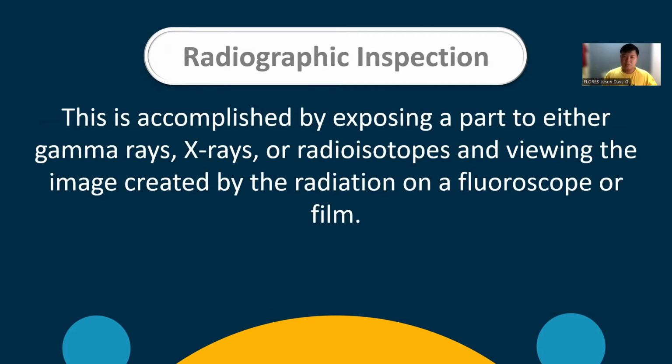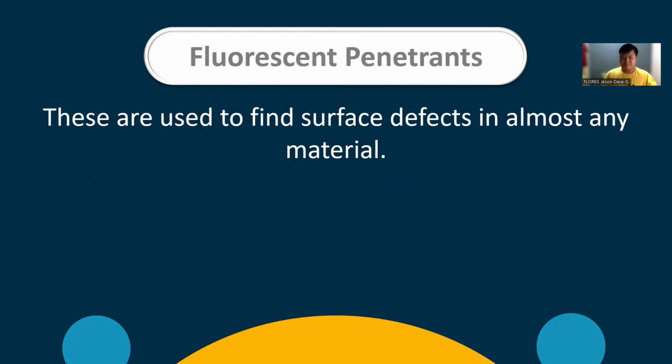Next is the radiographic inspection. This is accomplished by exposing a part to either gamma rays, X-rays, and radioisotopes and viewing the image created by radiation on a fluoroscope or film.